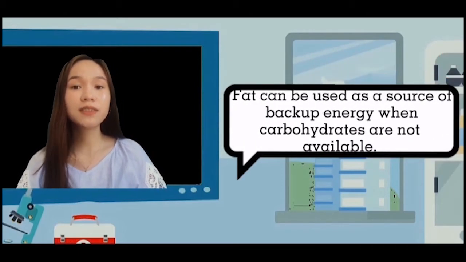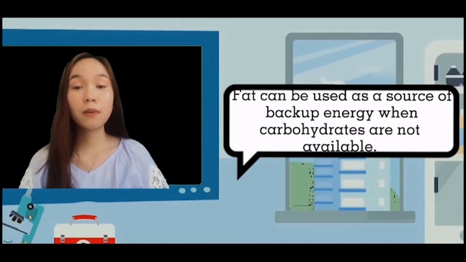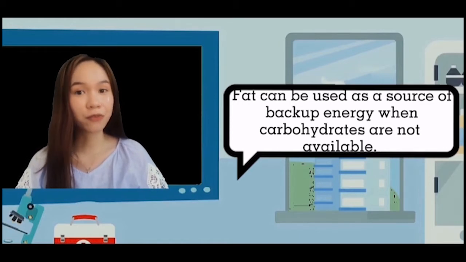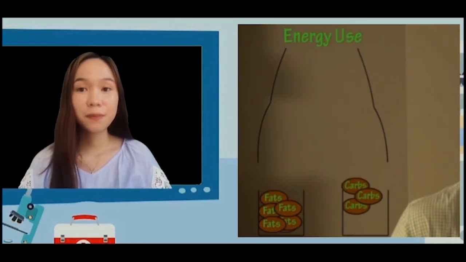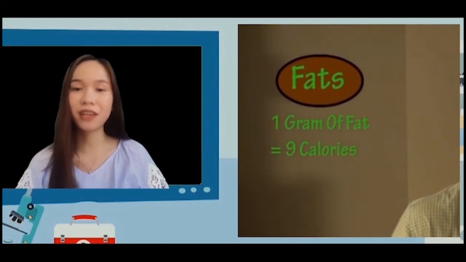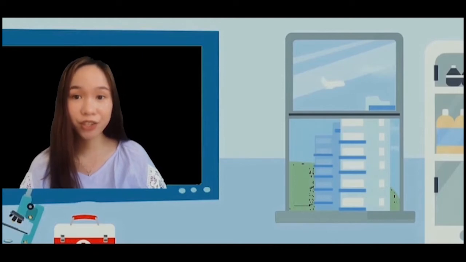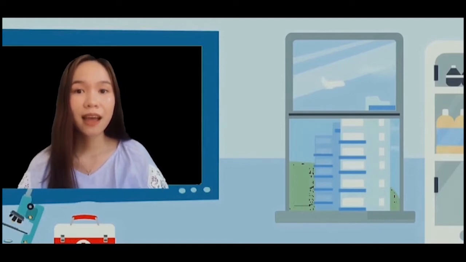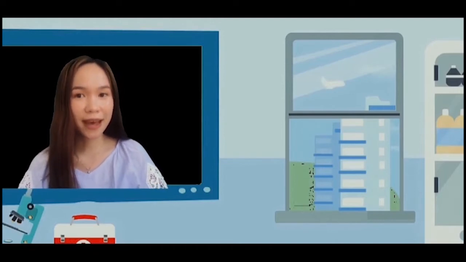The third function of fat is energy production. Fats are the slowest source of energy but the most energy efficient form of food. Each gram of fat supplies the body with about 9 calories, more than twice that supplied by proteins or carbohydrates. Because fats are such an efficient form of energy, the body stores any excess energy as fat.